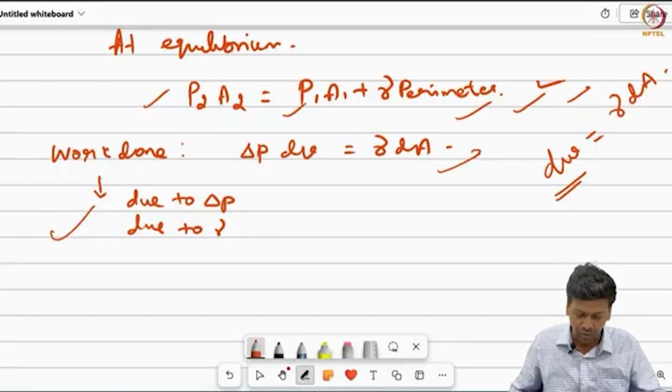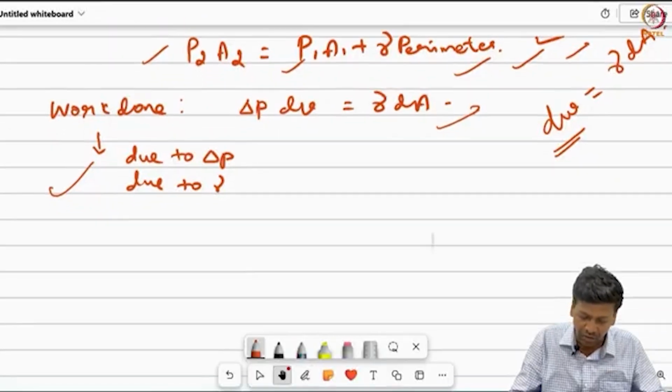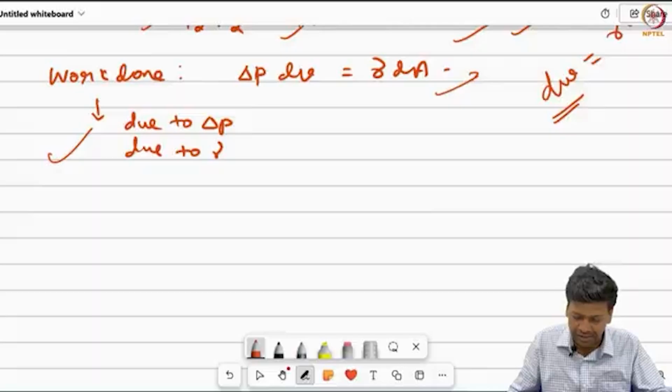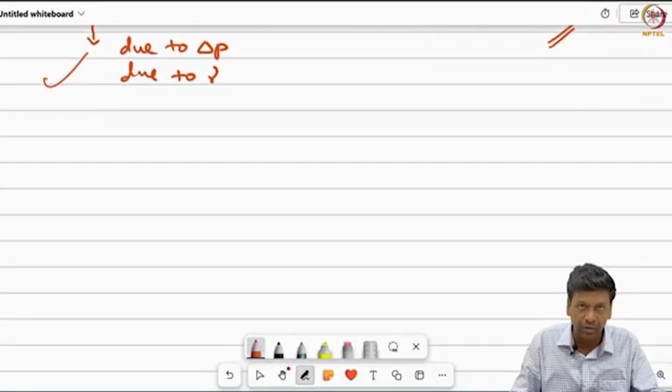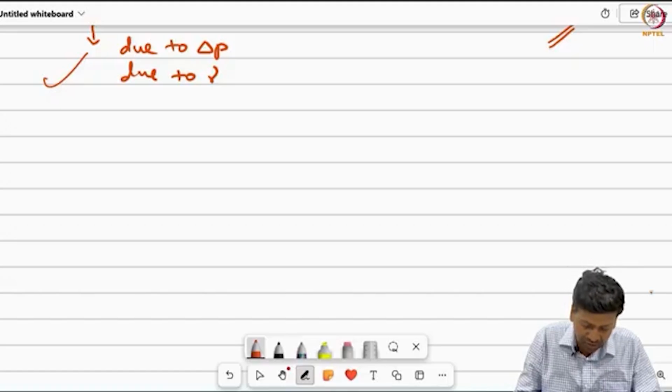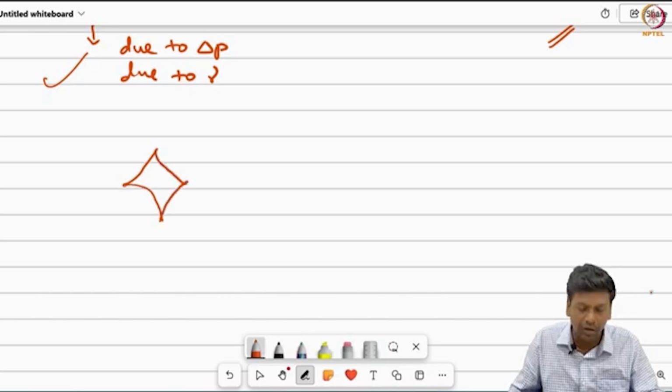So what we will do is, since we are going to deal with a general case, we'll start with a curvature, where we will deal with two major axes, predominantly.